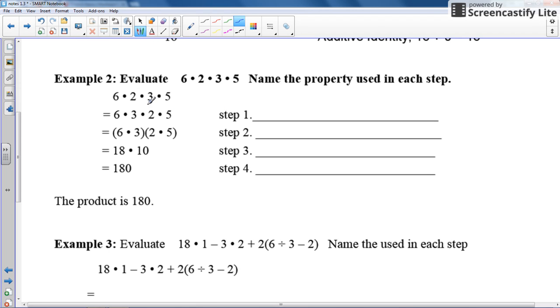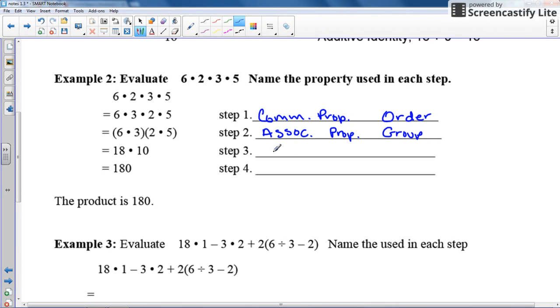Let's take a look at a second example, and this one is more using the commutative and associative properties. In this first step, what's different here versus up here? And hopefully you're noticing that it's the order that changed. And so step 1, we used the commutative property, and I'm just going to abbreviate a little bit here because we changed the order. Then the next thing is we grouped it. And so that's going to be the associative property because we grouped it differently.